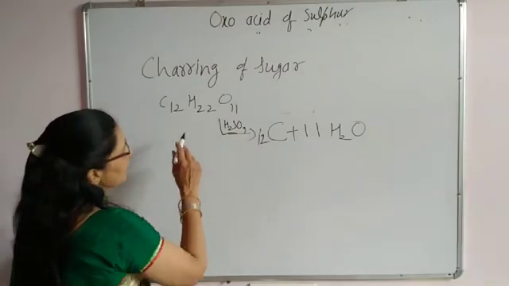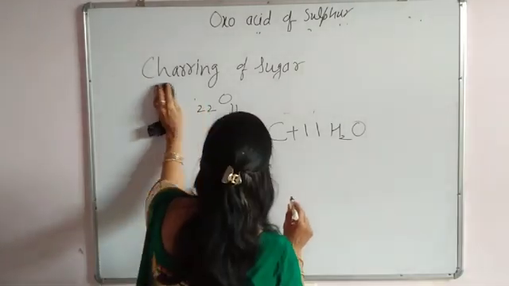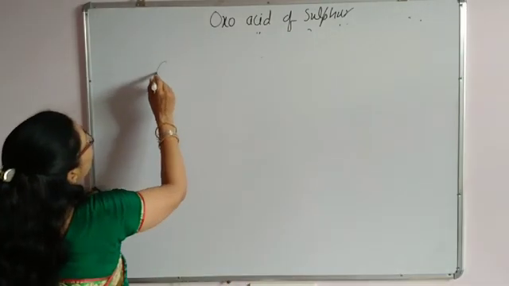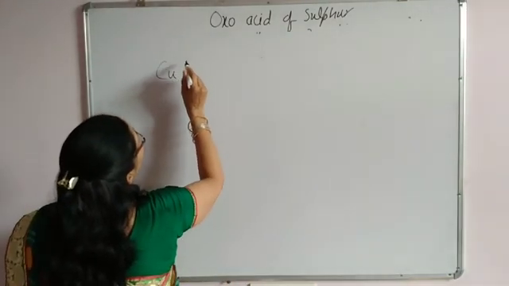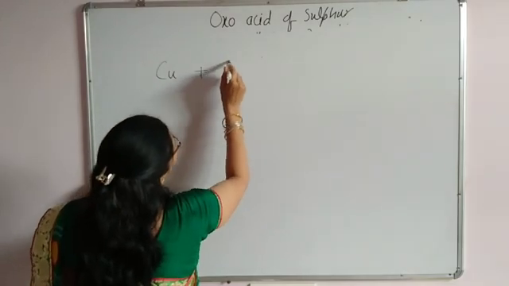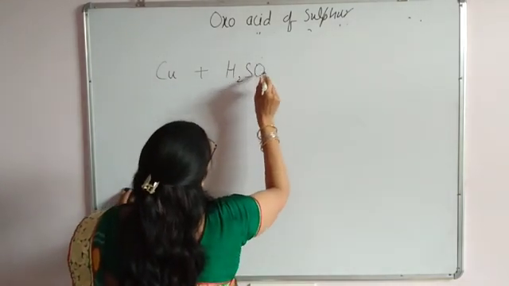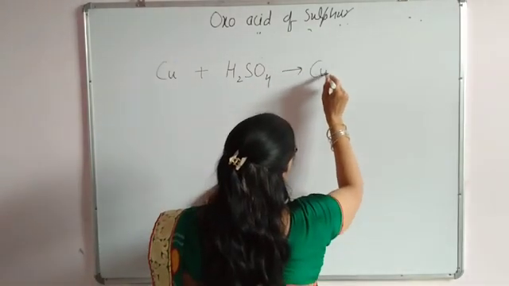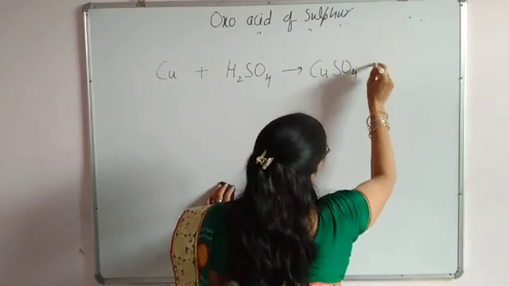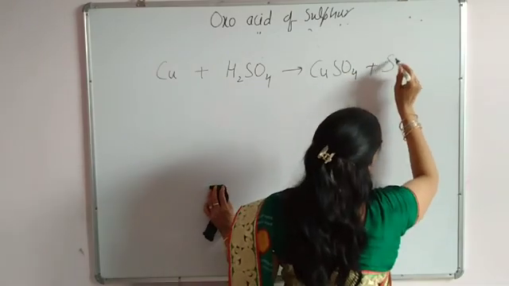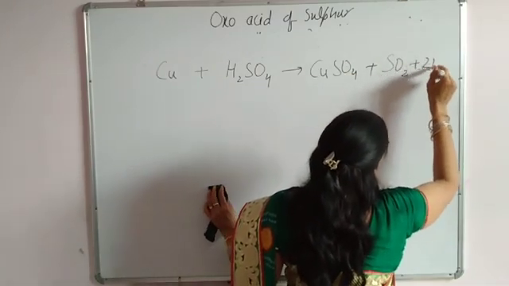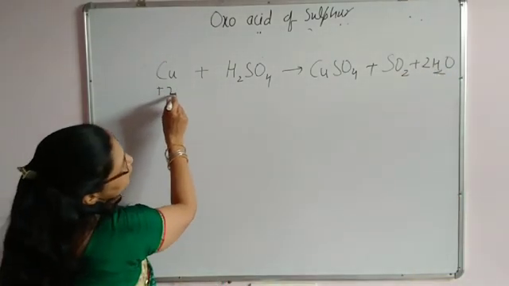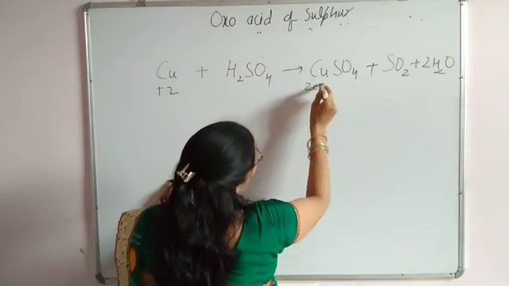Now, as an oxidizing agent, how will it work? For example, copper. When treated with concentrated H2SO4, there will be formation of copper sulfate plus SO2 and twice H2O. For balancing, I have used the +2 state, and this one is the 0 state.